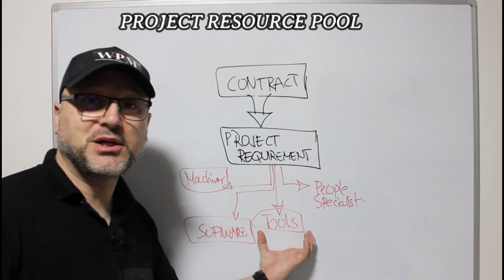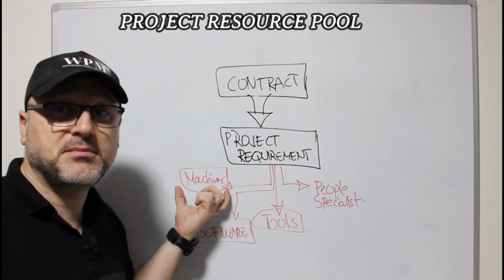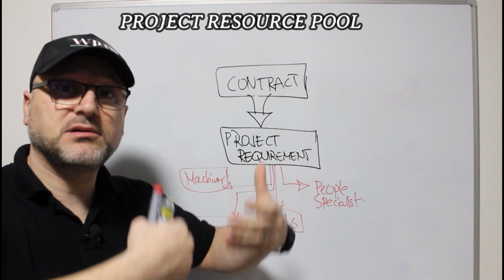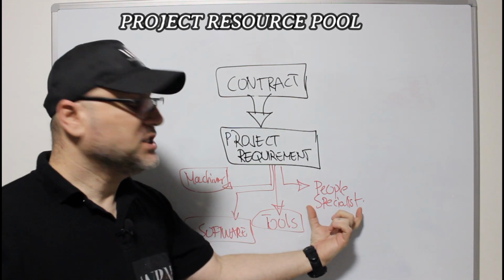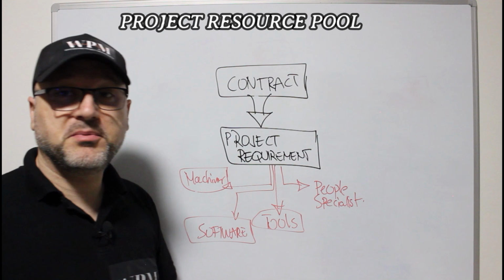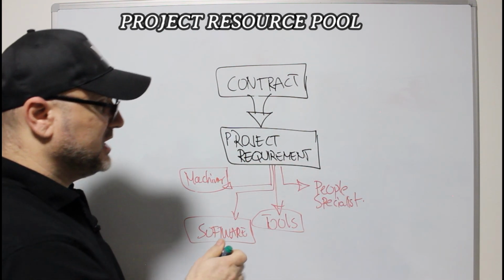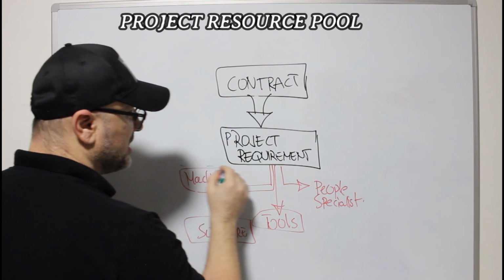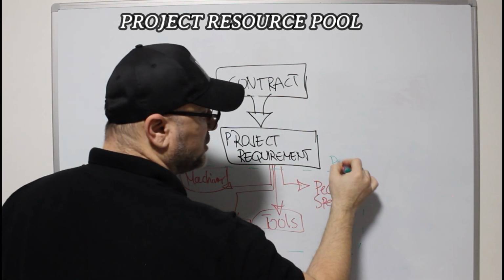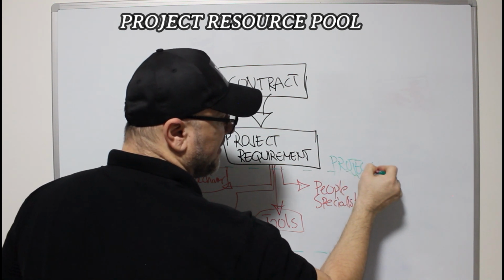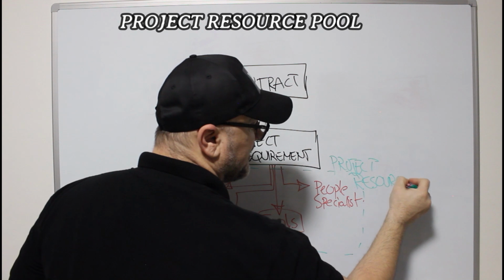Maybe you need special tools to create this project. Maybe you need special machinery, cars, vehicles, shovels, whatever. You need specialist people. So those are all requirements of the project, and those are the project resources.